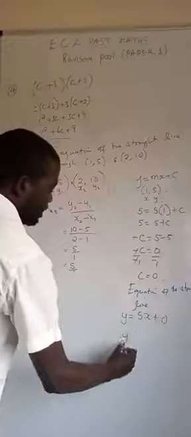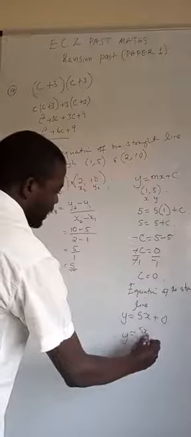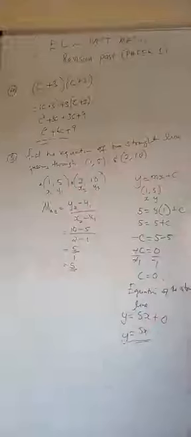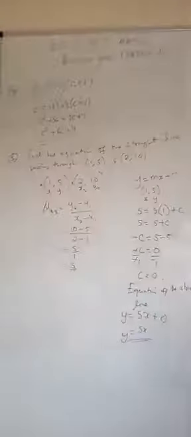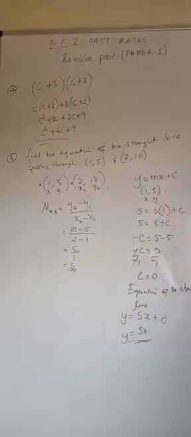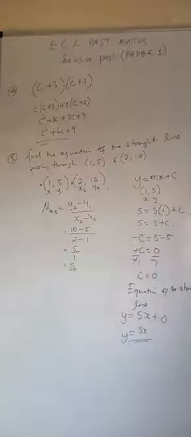So my final equation is y is equal to 5x. That's how you solve it. It is as simple as that. Y is equal to 5x, guys. So we end here.